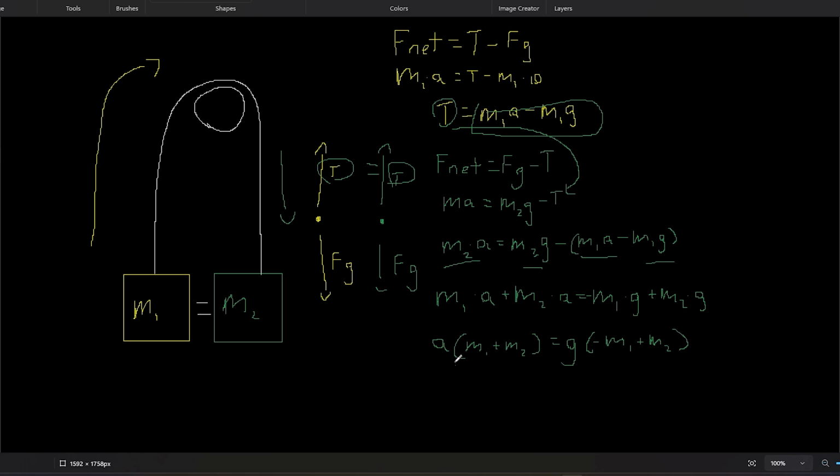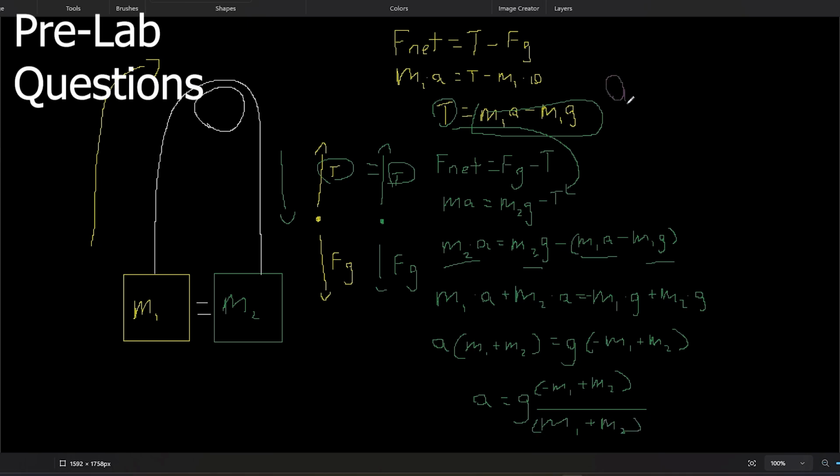And then if we want to solve for acceleration, we would divide each side by M1 plus M2. So that would be A equals G. Then on top we would have negative M1 plus M2 divided by M1 plus M2.